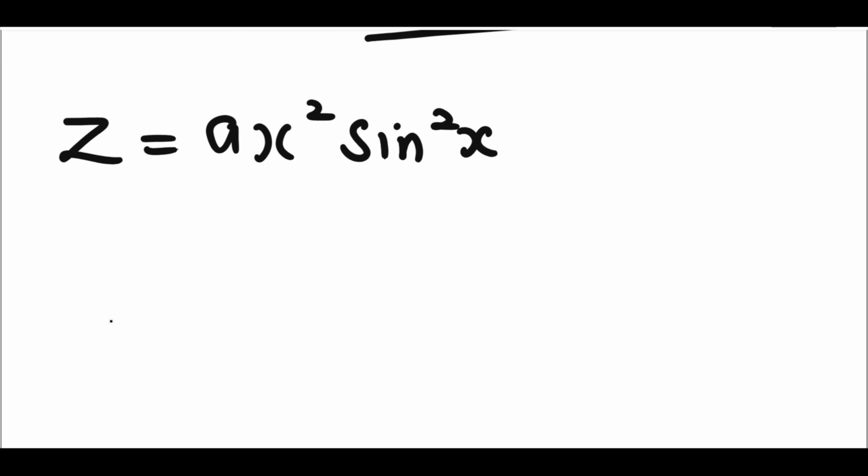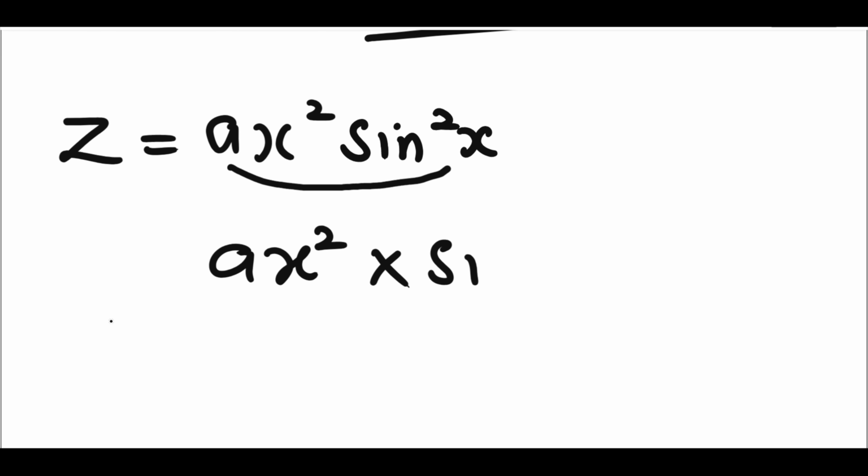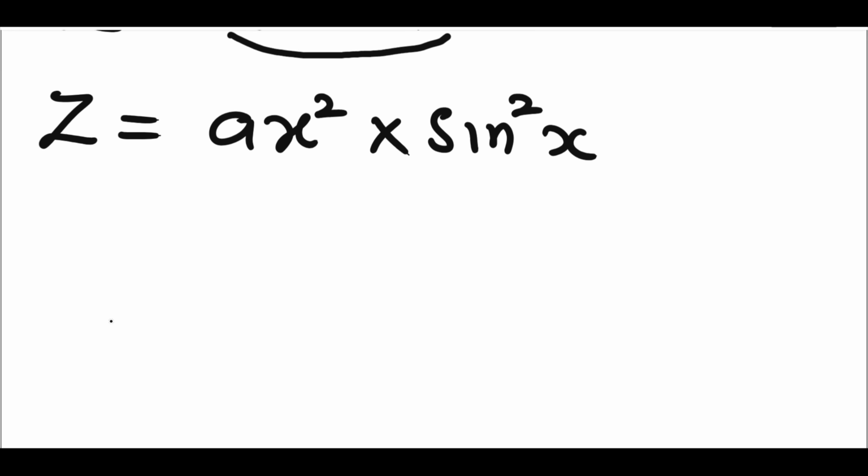Looking at this expression, you could see that we can rewrite it as a product of two factors, ax squared multiplying sine x squared. So we can rewrite it as z equal to ax squared times sine x squared.